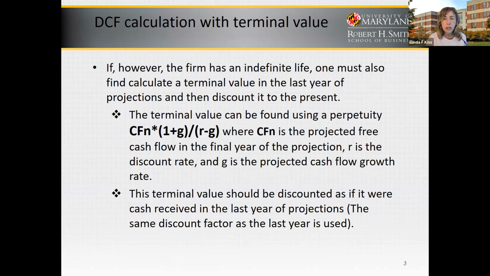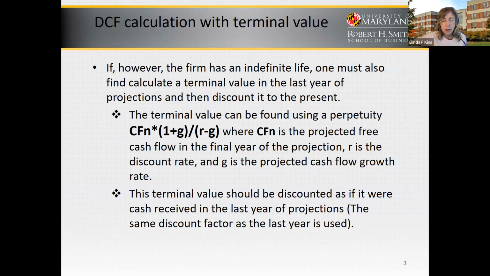The terminal value can be found by using a perpetuity formula. This is the growing perpetuity: cash flow sub n in the last year of the projection, multiplied by 1 plus the terminal growth rate, divided by the required return minus the growth rate.